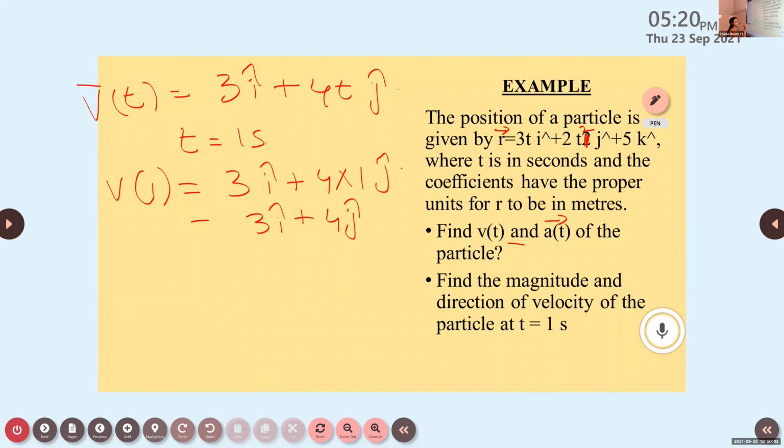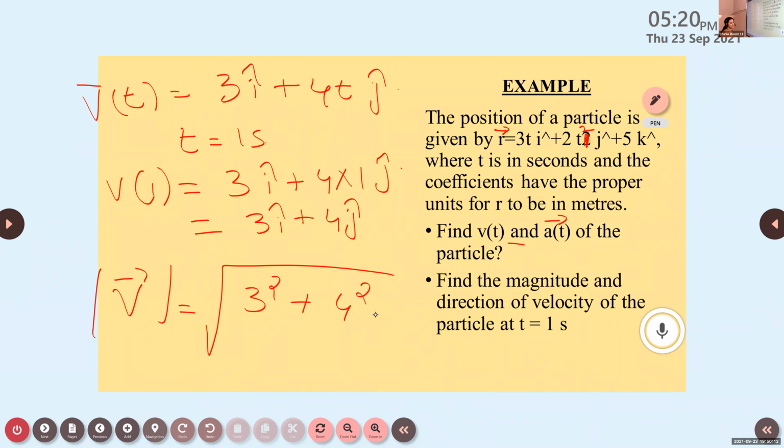Therefore, the magnitude, modulus of vector v, is equal to root of 3 square plus 4 square. We can discuss the same problem in the last class. Try to find out the magnitude of the vector. I think it's time.